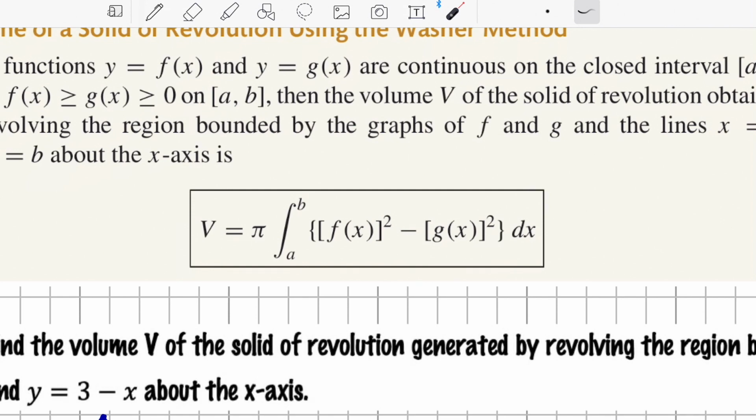But think of f of x as the function that is furthest away from the axis of rotation, and your function g squared is the function that is closest to the axis of rotation, and that'll make things way easier.